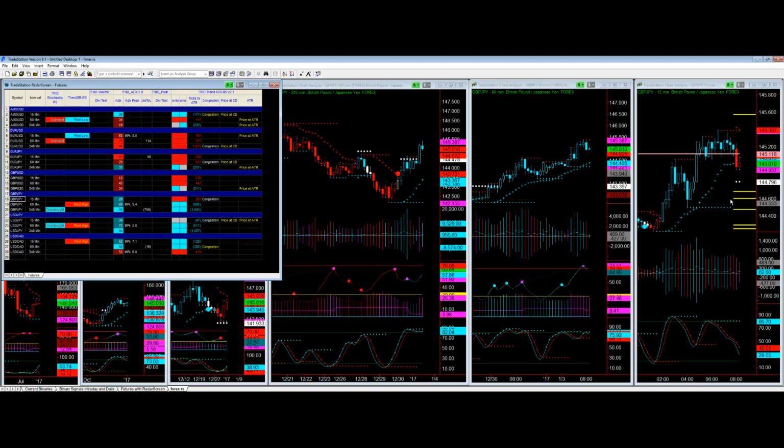On this one, what I would like to see is for this to come down to the congestion dot at 144.79, and then it should go up and test the ATR and then resume down. It should come back down to 144.40 as it stands right now.